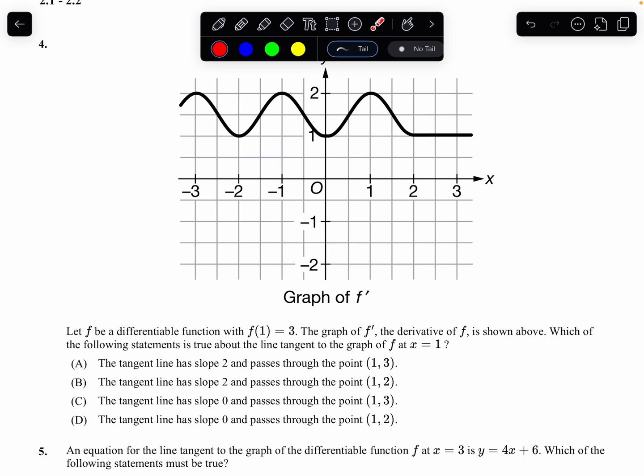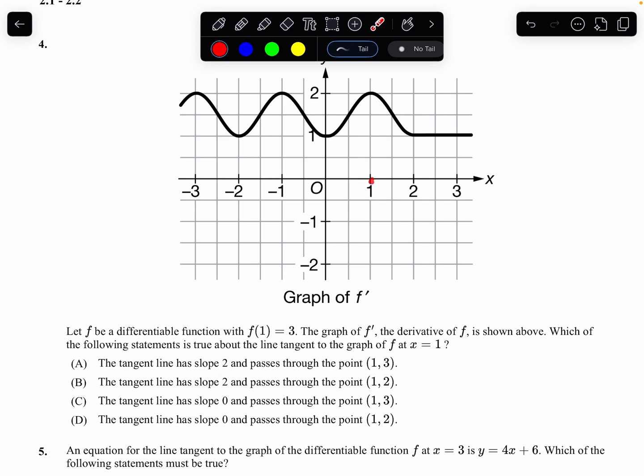And so what do we know about the line tangent to the graph at x equals 1? Well, I can tell you that at x equals 1, the slope of the graph of f is 2. And the slope of the tangent line has to also be 2. So if you have a graph and there's a tangent line at x equals 1, the slope of the tangent line will have the same value as the slope of the graph. And so the tangent line has a slope of 2.